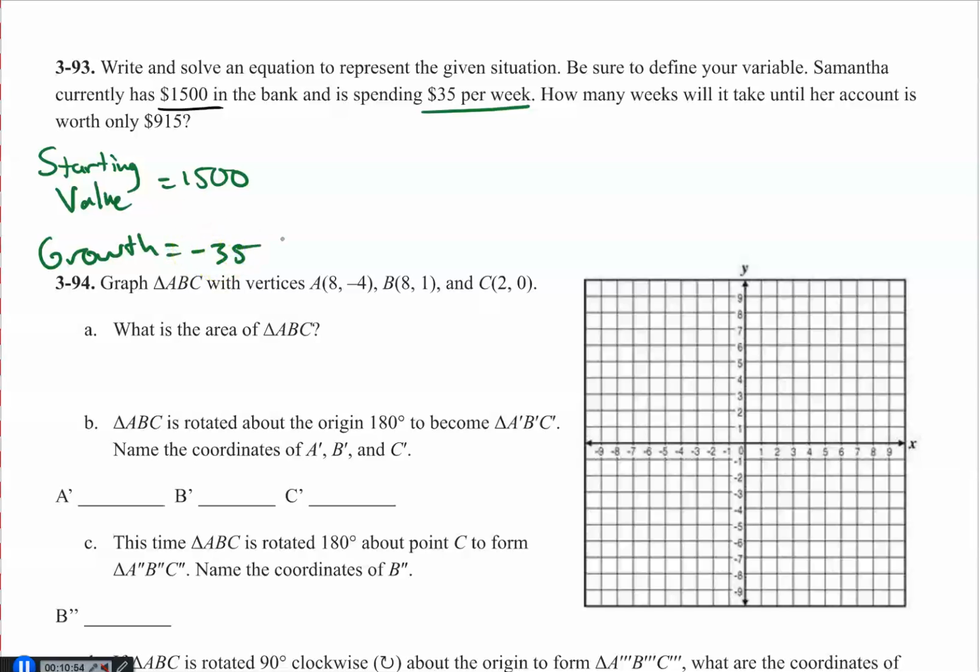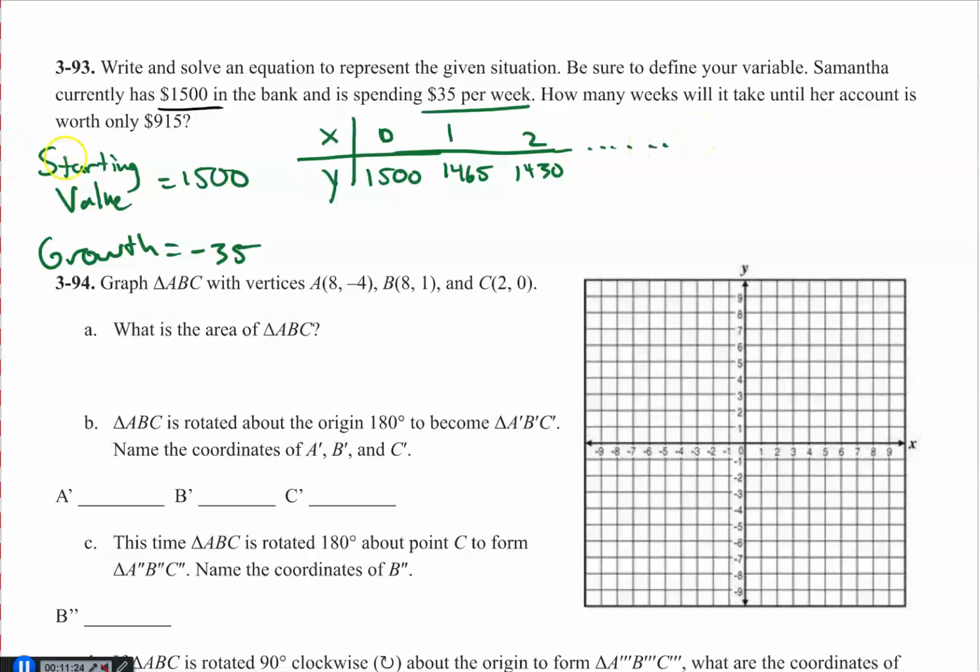She's spending it. Let's make a little table, x, y. When x is 0, we have $1,500. After 1 week, we take away 35, and we get $1,465. After a second week, we take away 35 again and get $1,430, and so on.